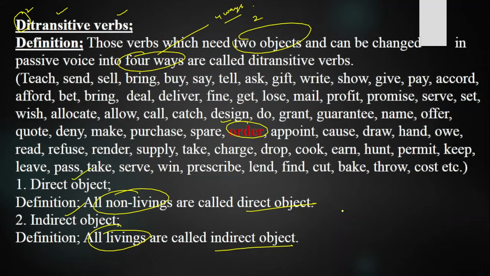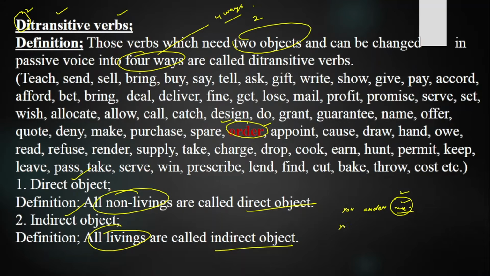For example, if we take an example from today's verb, that is order. I say, you order me. Now see, I'm not saying anything about what you'll order me, or if you order me, so what you'll order me. So first the meaning is not clear, and if it is clear, the meaning is not complete and sensible.